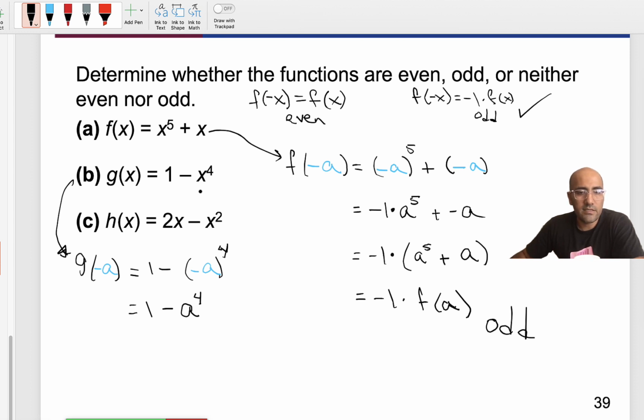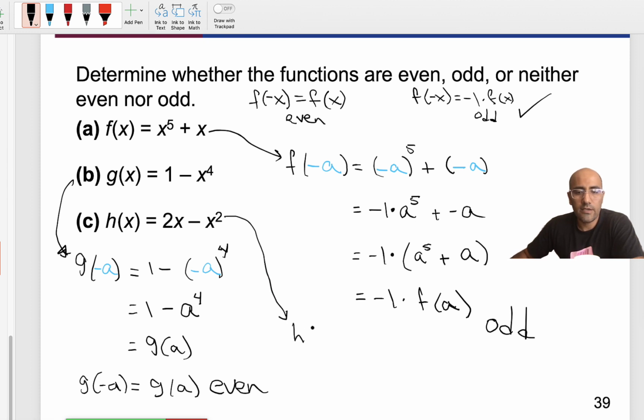And then this is exactly this function evaluated at a. This is equal to g of a. So we've established that g of negative a equals exactly g of positive a. Therefore, it's even.